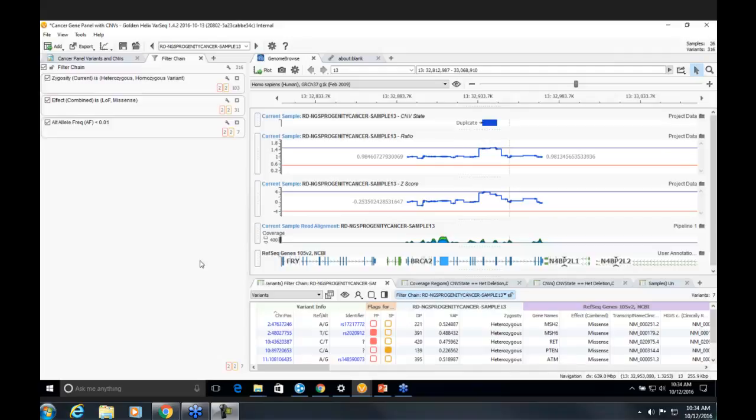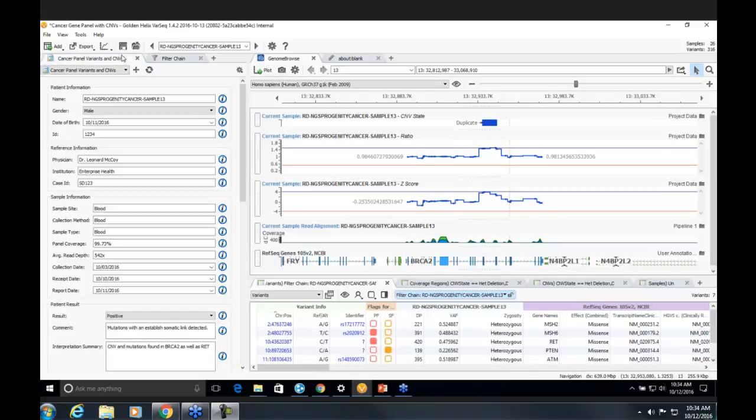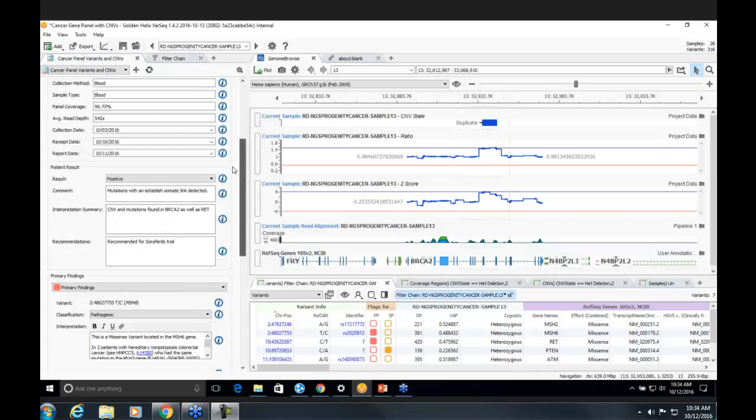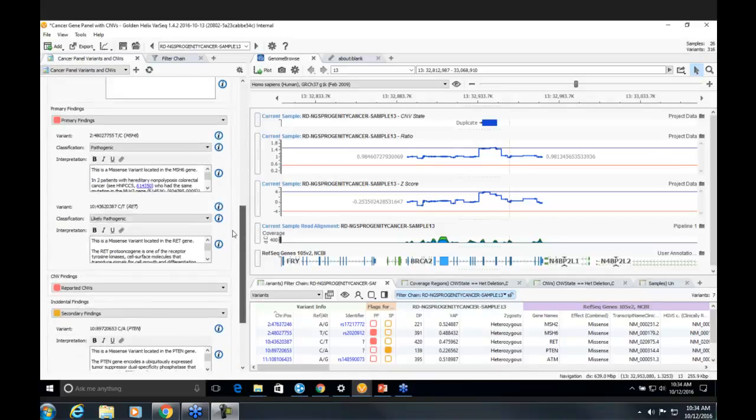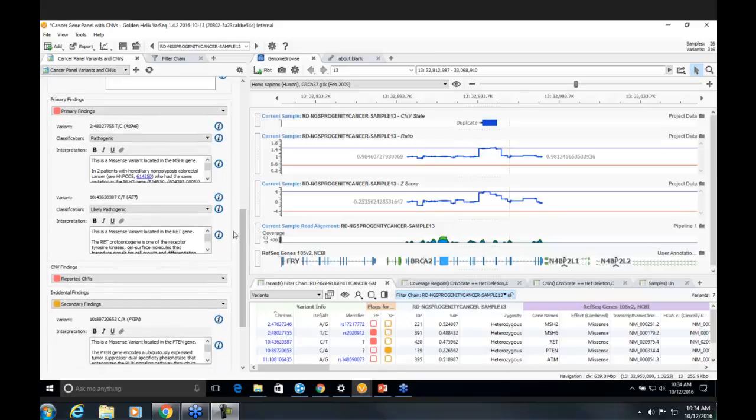In this project, the first thing you'll notice is that on the left we have a filter chain, and what we've done is filter down to a set of interesting variants that we'd like to look at. We also have a report form opened, and we've added some variants to a report.